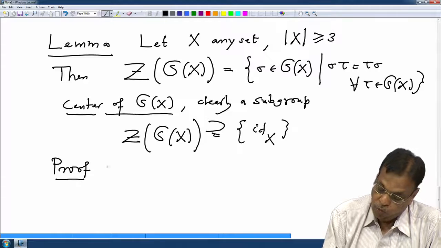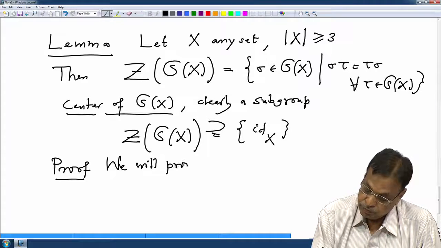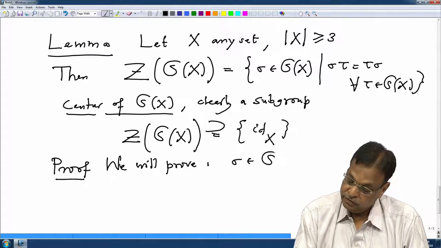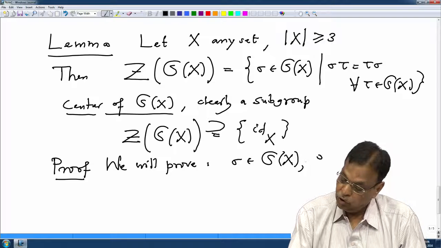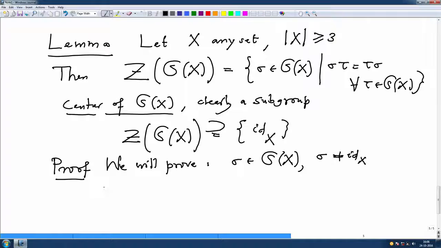We will prove that if sigma is in Sx and sigma is not identity, then we will find a permutation tau such that sigma tau and tau sigma are different.